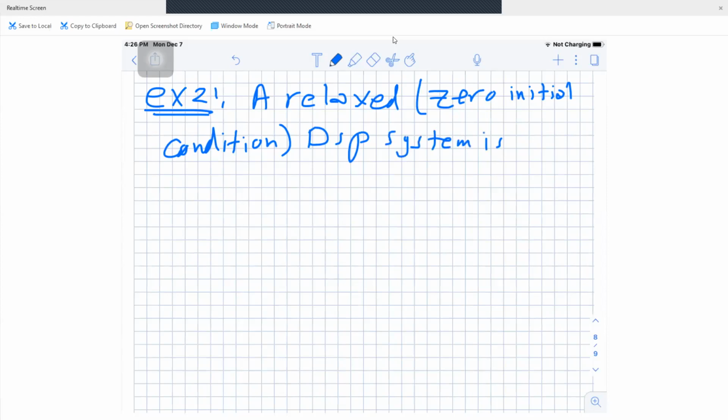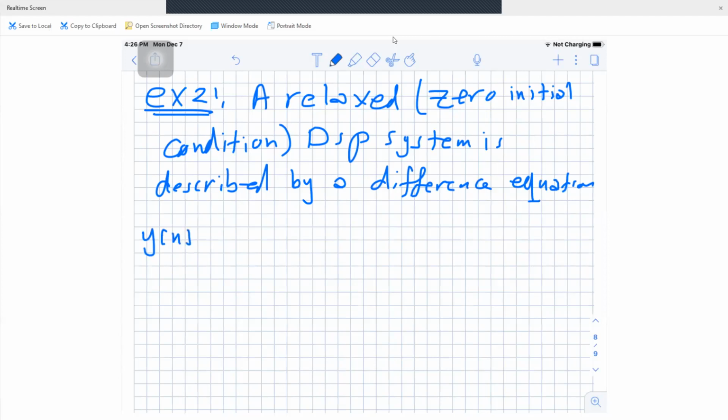is described by a difference equation. This will be the difference equation now. Look, please.